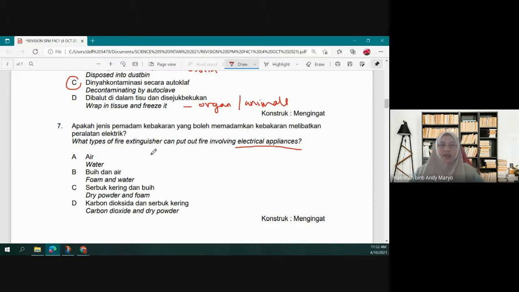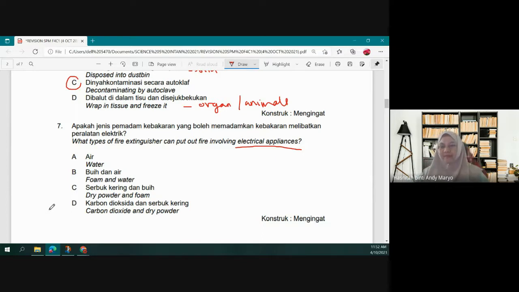Anyone? How many types of fire extinguisher that we have? Ada berapa jenis alat pemadam kebakaran yang you belajar last year? Ada 1 ke 2, 3, 4, 5, ada berapa? How many types? Anyone remember how many types of fire extinguisher that we have?